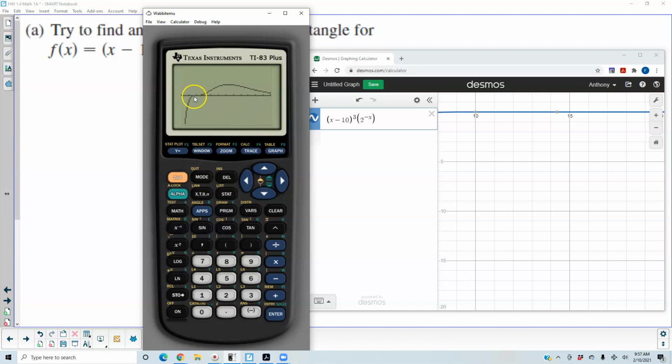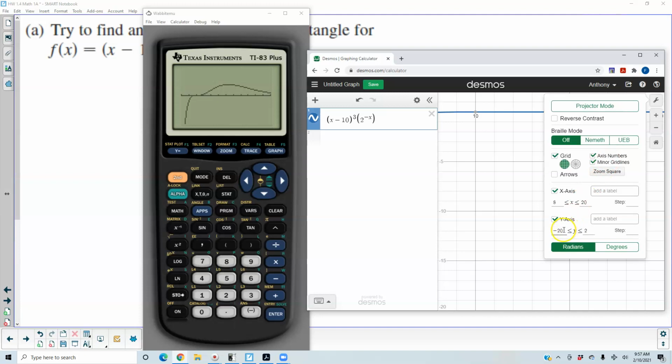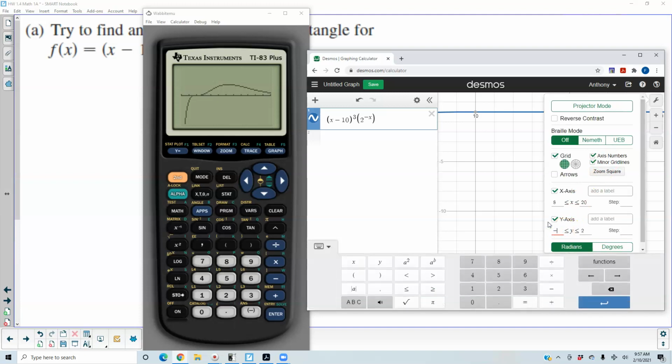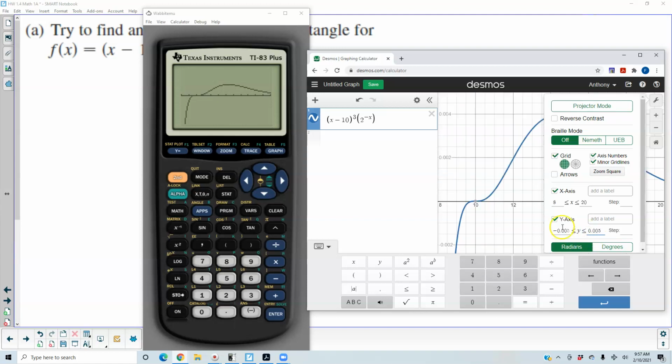Well, now we can see that there's a lot more going on, and it's above the x-axis when we're looking at that y minimum, y maximum. So maybe we need to go to negative 0.005, and then make this positive 0.005.